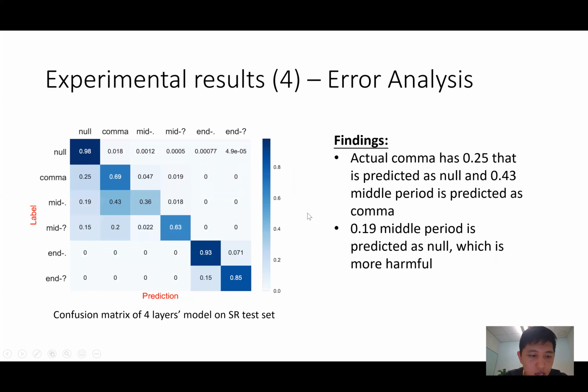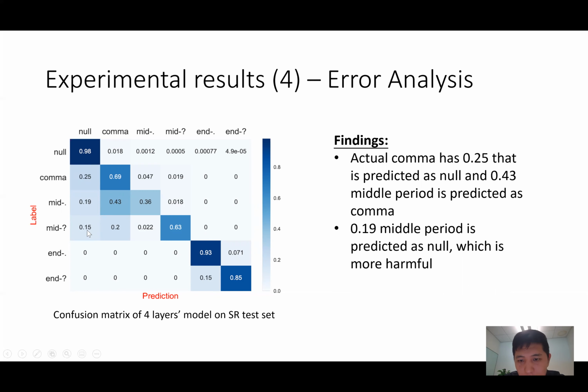We also calculated the confusion matrix of the 4 layer model on the ASR test set. From the confusion matrix, we can find that 25% of actual commas are predicted as none, and 43% of middle periods are predicted as commas.